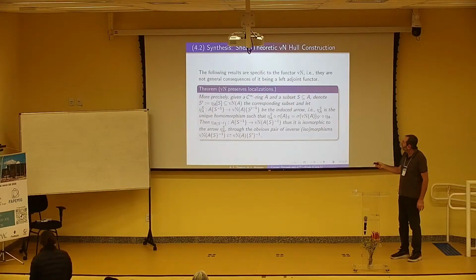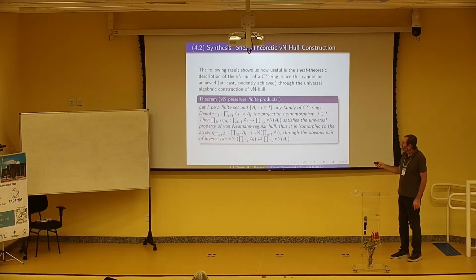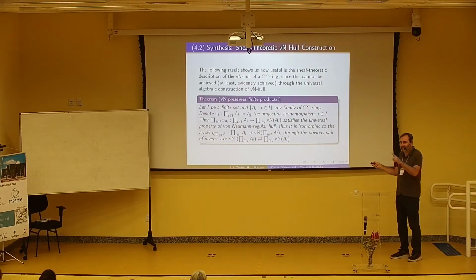E uma coisa que eu tentei, mas não consegui, é mostrar via construção na raça, que é com álgebra universal, que o funtor de von Neumann regular preserva produtos finitos. Então, com geometria a gente consegue. Às vezes, uma construção específica te permite um acesso que outra construção não permite. E os feixes aqui fizeram isso nesse caso.